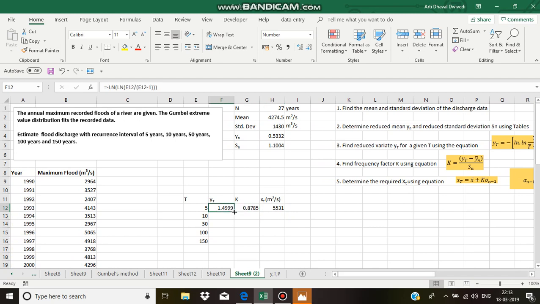Similarly, we can find out yt for 10 years, 50 years, 100 years and 150 years. Corresponding frequency factor k can be found out using this equation, and then the value of xt can be found out using this equation.